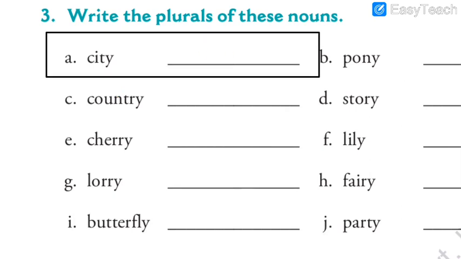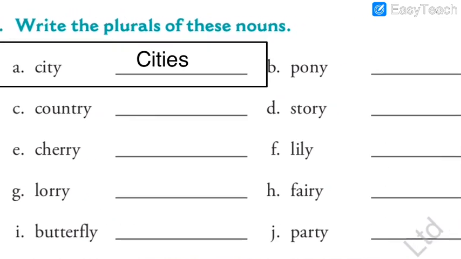So here if I write CIT, and now I need to replace Y with IES, so IES, correct? So cities, right? If you are talking about Bhavnagar city, you are talking only about one city. But if you are talking about the cities all over Gujarat, Vadodara, Ahmedabad, Bhavnagar, Surat, etc., these are cities because more than one, plural form.